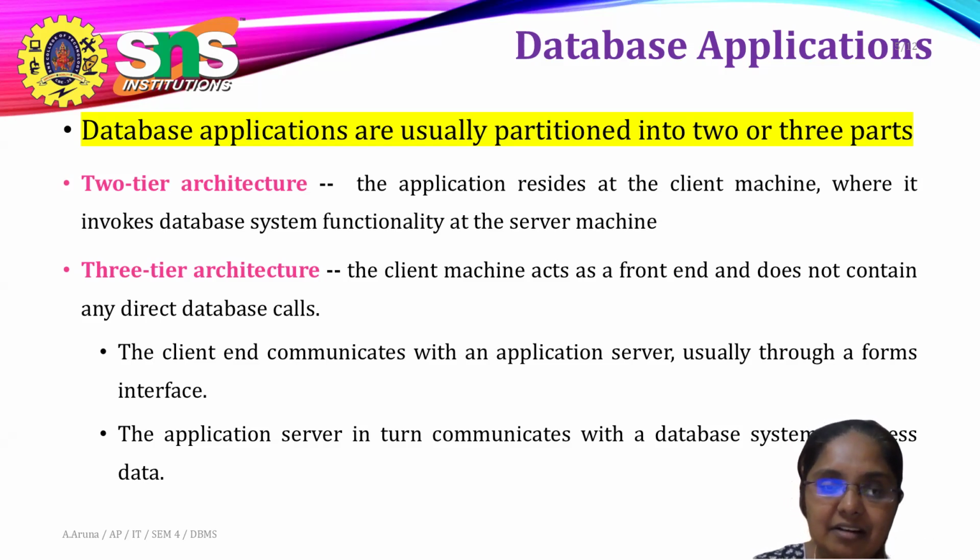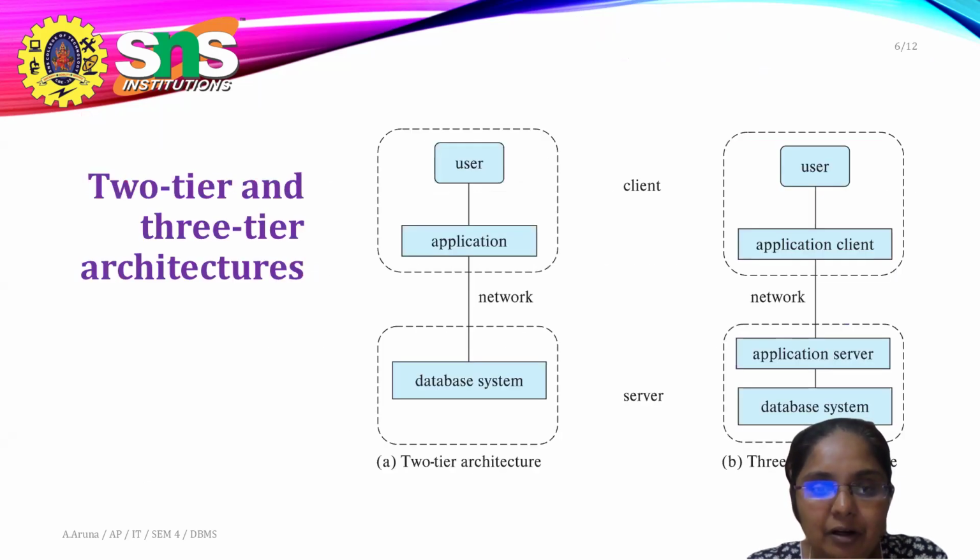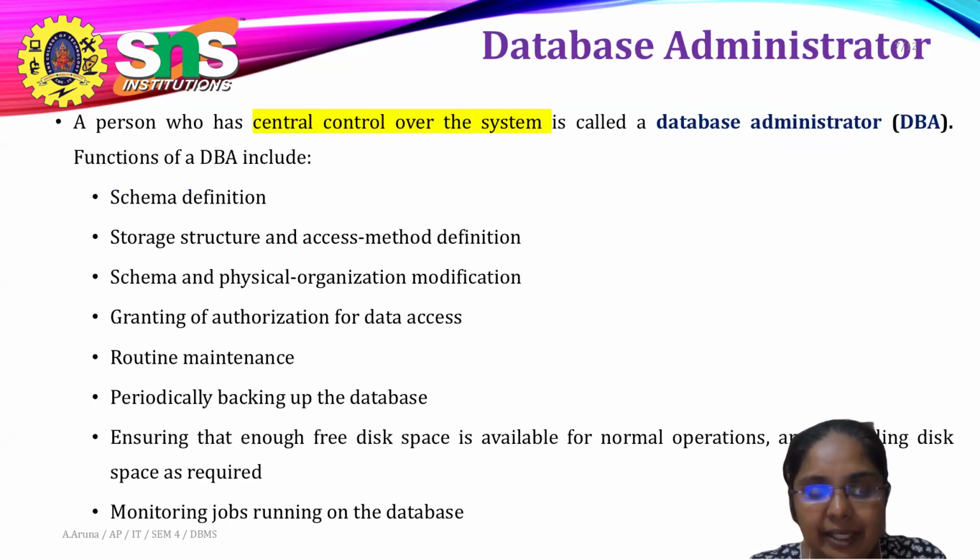The application server in turn communicates with the database system to access the data. In the two-tier architecture, your application resides only on the client machine, and through that it accesses the database. In the three-tier architecture, the application resides on both, and through API your user and database are connected. This is the three-tier architecture of the schema.